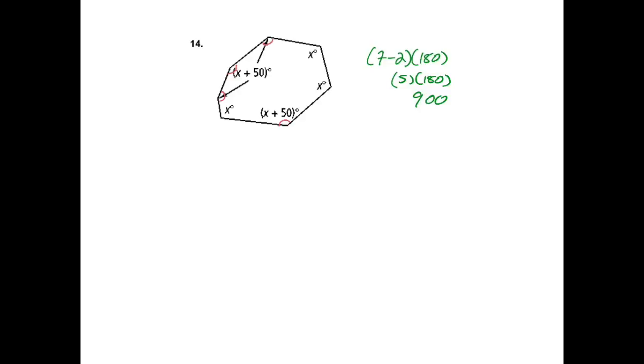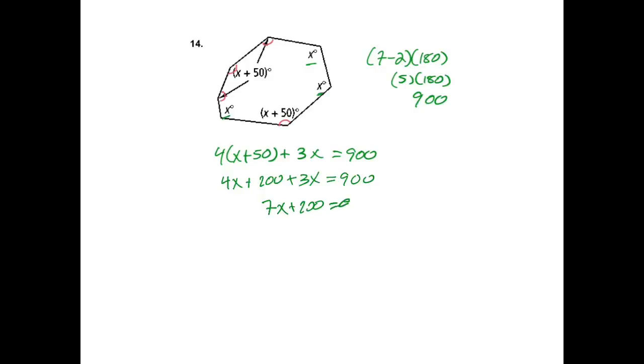So that is 4 times x plus 50 plus 3 times x, because I have 1, 2, and 3x, equals 900. So this is 4x plus 200 plus 3x, which is 7x plus 200. Minus 200, 7x equals 700. X equals 100.